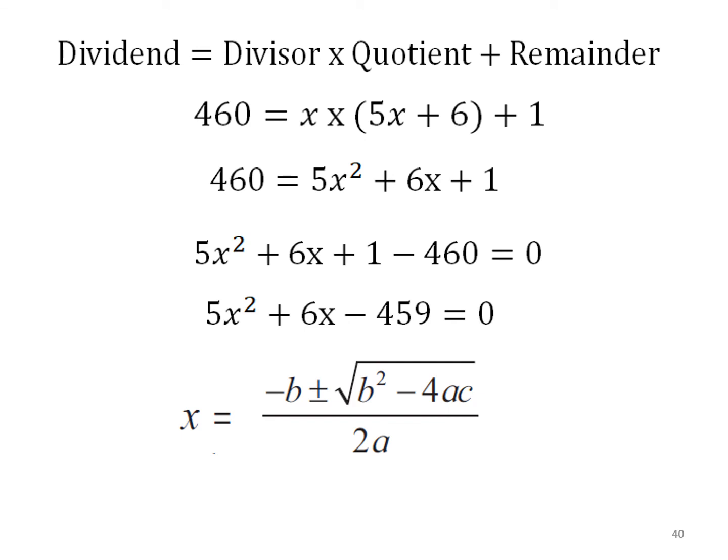So when you compare 5x square plus 6x minus 459 with your general equation, we will get the values of a, b and c, and then using this formula we will get two different values of x. Then we will consider what is the value, since they have mentioned that it is a natural number. If it is a negative value of x, we will not consider it, and then you can solve. I will not be solving this sum. You have to solve it on your own. I have given you the solution, the answer you have to find on your own.